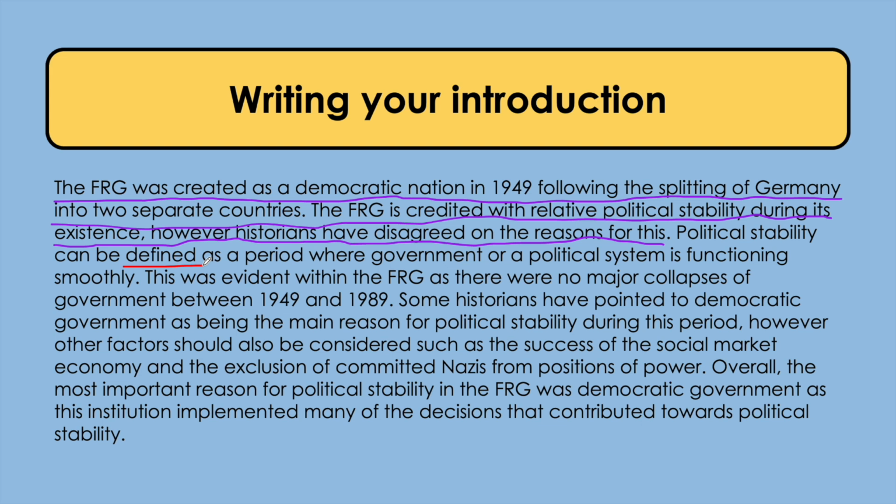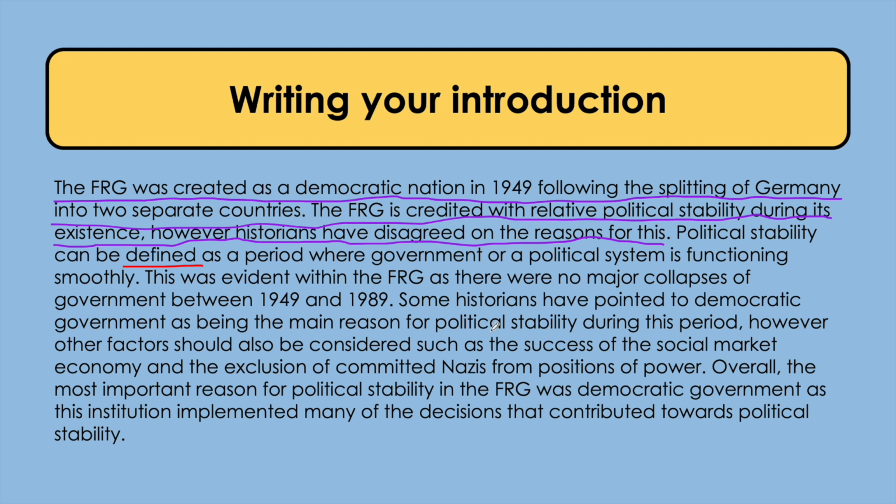Now, this is where my criteria is. This is how I'm going to decide whether or not the factors that I am discussing have contributed towards political stability. So the definition for political stability that I've given is that it's a period where government or a political system is functioning smoothly. So what I'm going to be looking at is how did democratic government lead to the FRG's government or the political system of the FRG functioning smoothly.